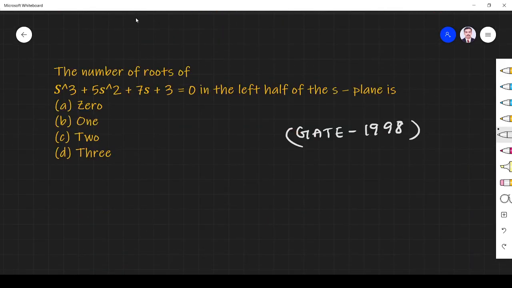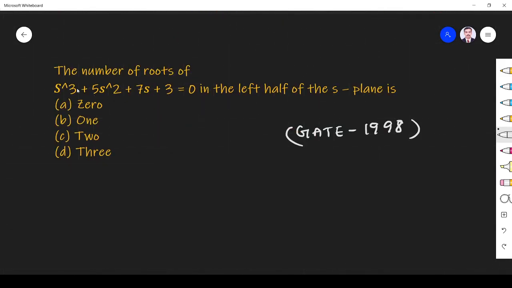Next one, the number of roots of s cube plus 5s square plus 7s plus 3 is equal to 0 in the left half of the s plane is dash. So they are asking the number of roots in the left half of the s plane. Since it is a third order equation, we can directly find. First you have to find the product of inner coefficients.